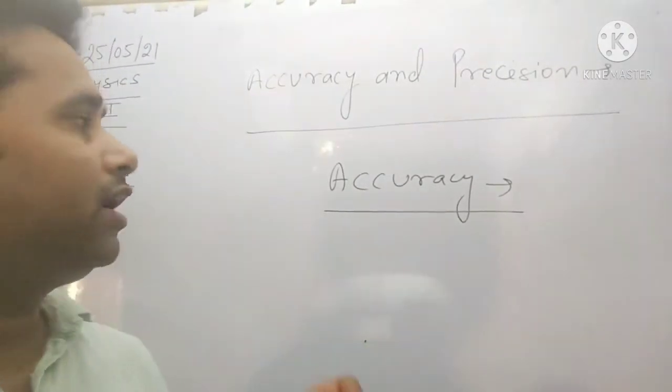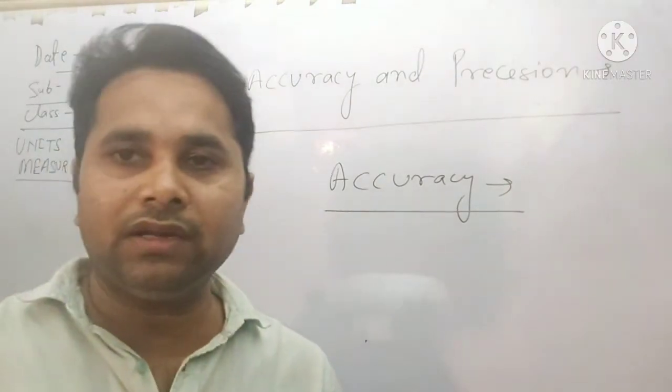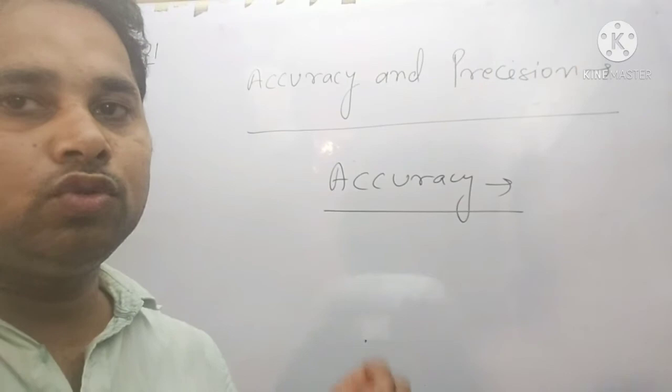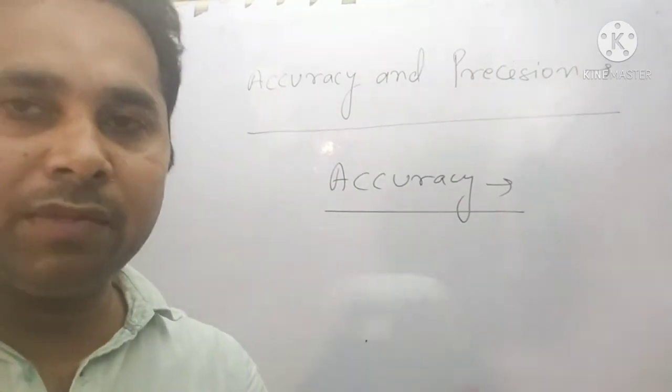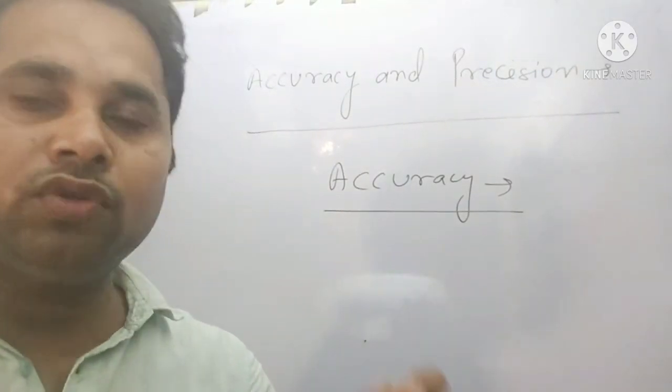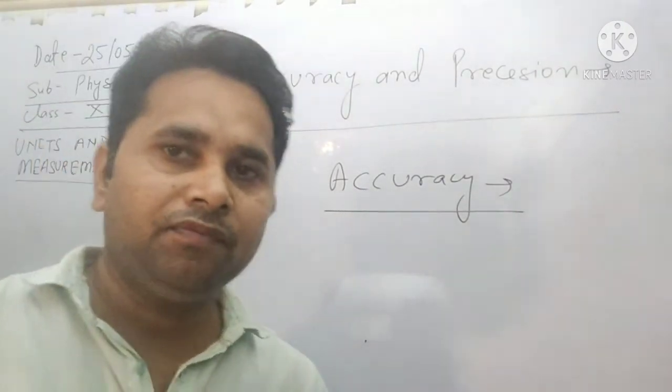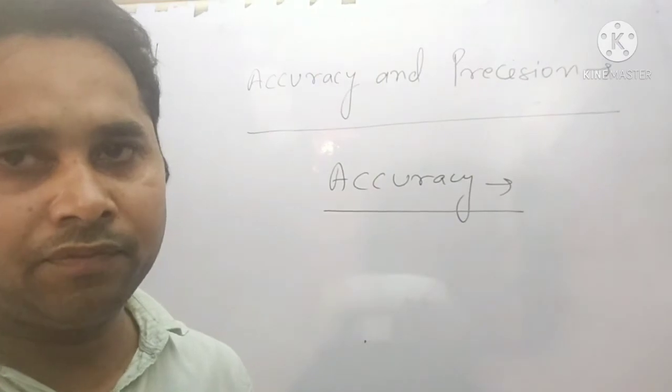In a single line you can define accuracy in our measurement: accuracy refers to the closeness of the measurement with the true value. True means the actual value of the measuring article.